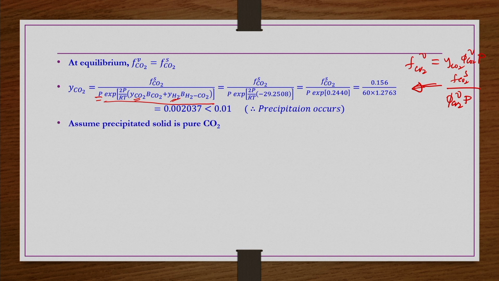So, in this way also we can find out that precipitation has occurred, by comparing the YCO2 value at equilibrium with the YCO2 in the feed, or the initial YCO2. If the initial YCO2 and the YCO2 at equilibrium are not the same, that means some transfer of the species has taken place, okay. Here, transfer of species is taking place from the gaseous phase to the compressed CO2 phase.